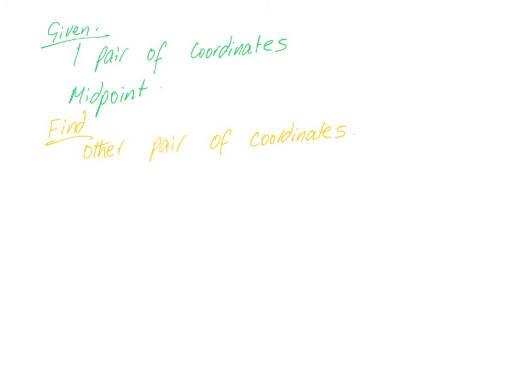So let's say the graph is like here, and let's say this is (1, 3), and this is (3, 5). This is the midpoint. Let's call it M. Now we are trying to find this point, so let's just call it (x, y), right?